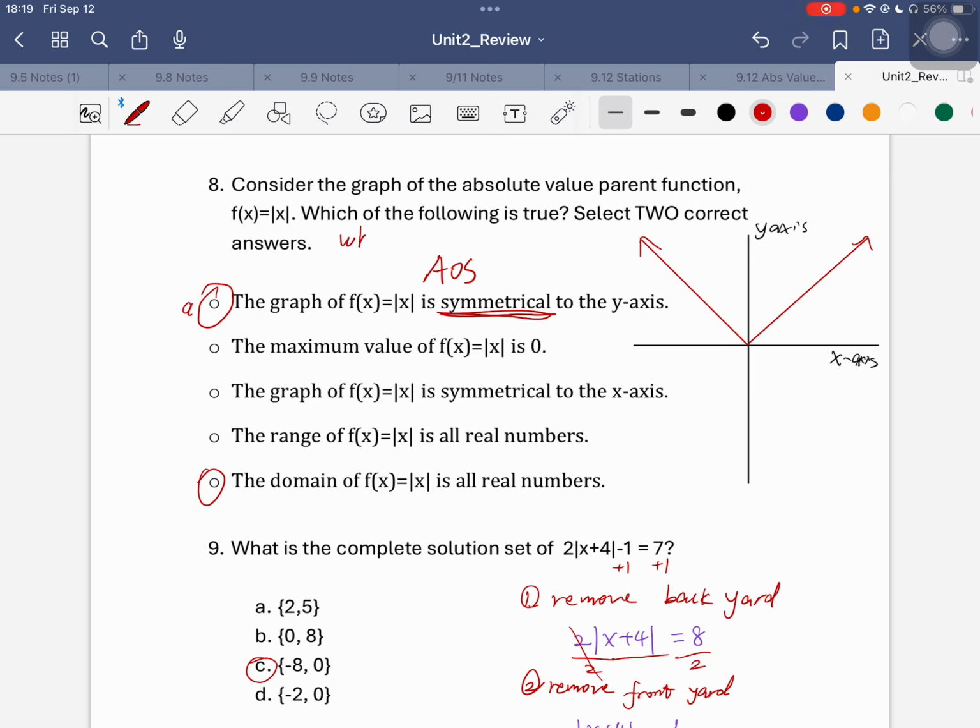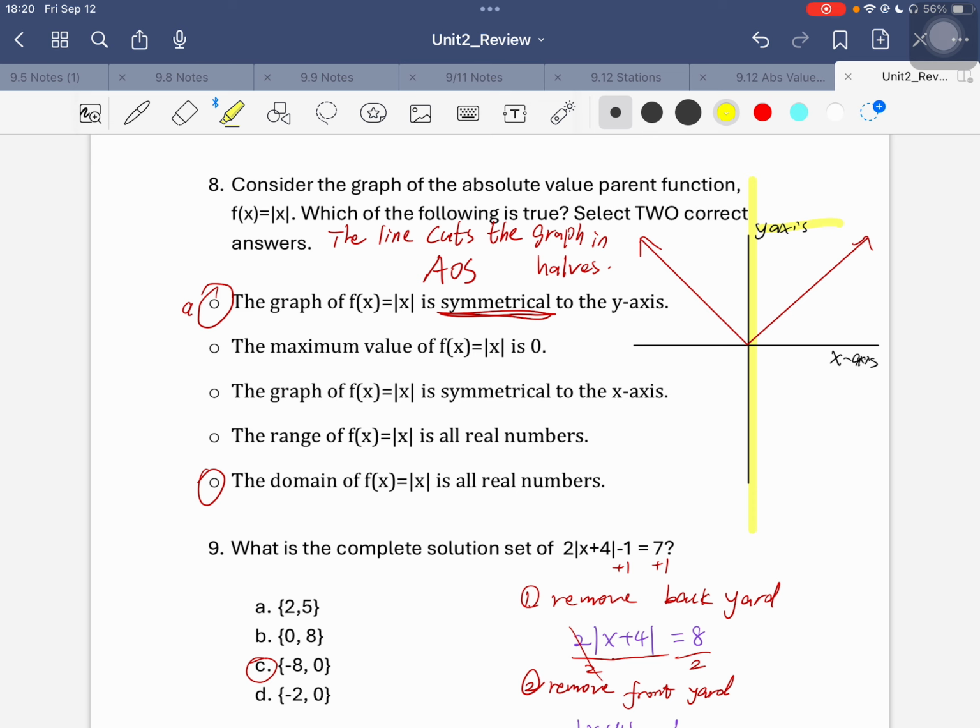It's the line that cuts the graph in halves. And we know on this graph, this line cuts the graph in halves, and this line is called the y-axis.